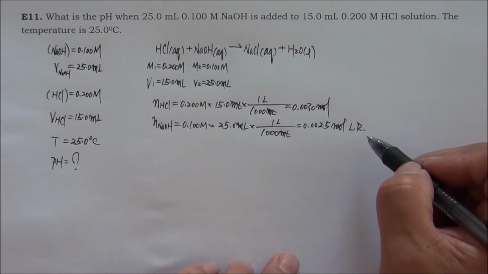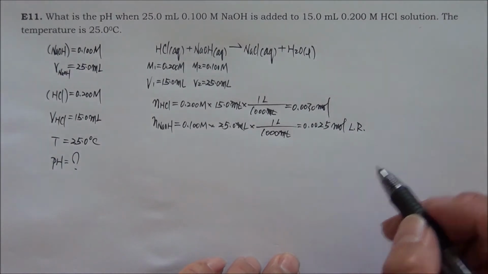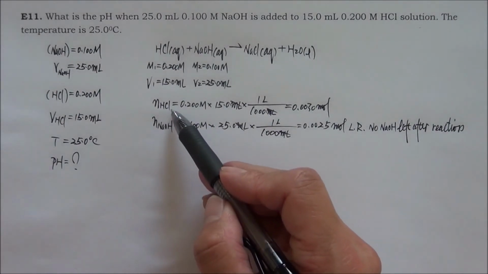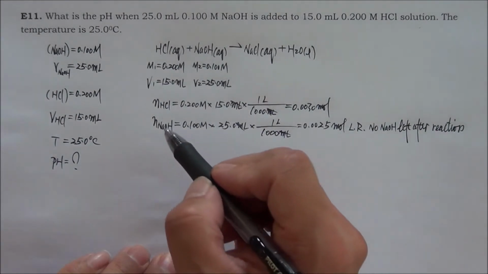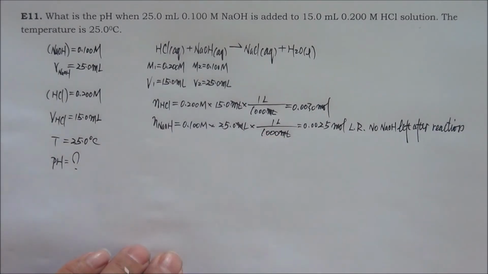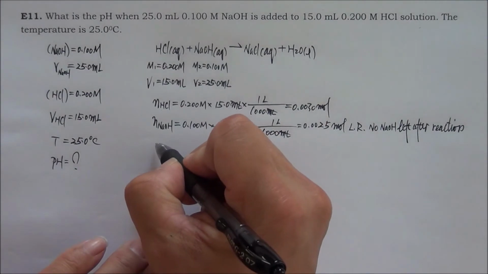After the reaction, we will have non-limiting reactant left. We should have excess reactant left. Let's calculate how much of the excess reactant, which is hydrochloric acid, is left after the reaction.